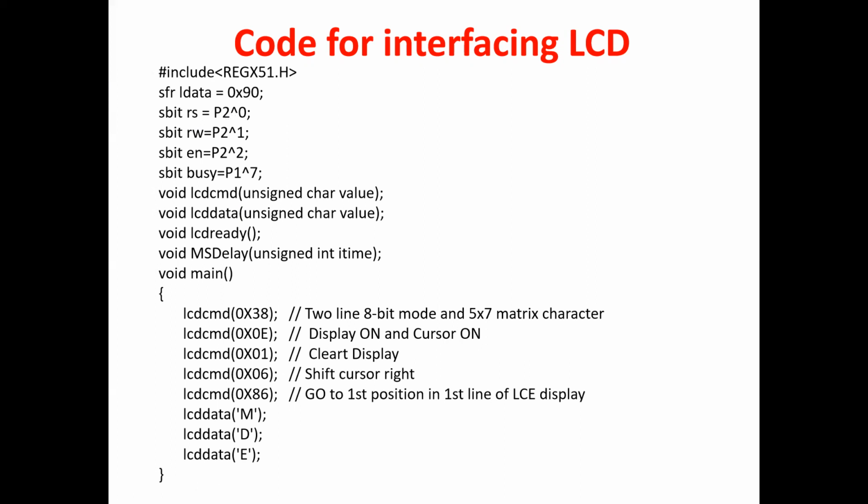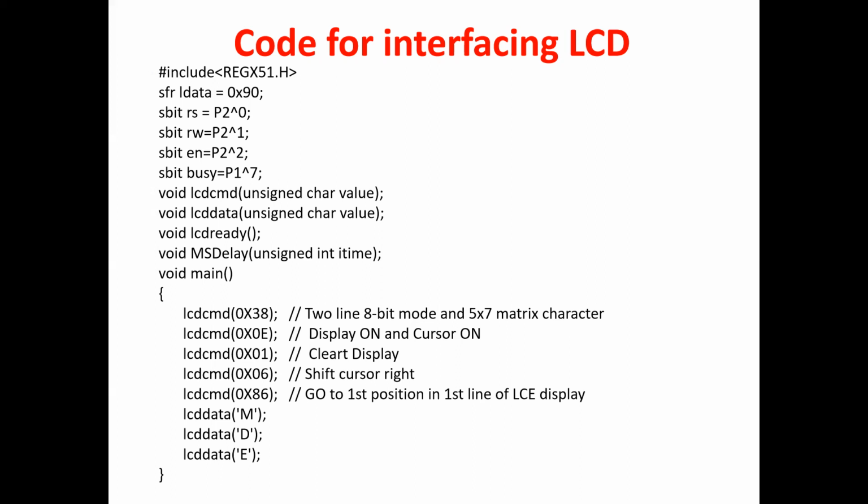The RW pin is connected to P2^1. Enable is connected to P2^2. And the busy pin, which is the D7 pin, is connected to P1^7.